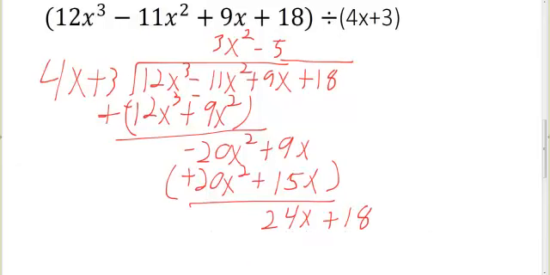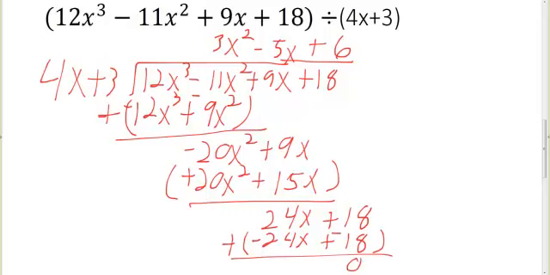And so the last part will be multiplied by 6. And so we will have 4 times positive 6, which is 24x plus 18. We subtract them, change it to a plus, and we get a remainder of 0.